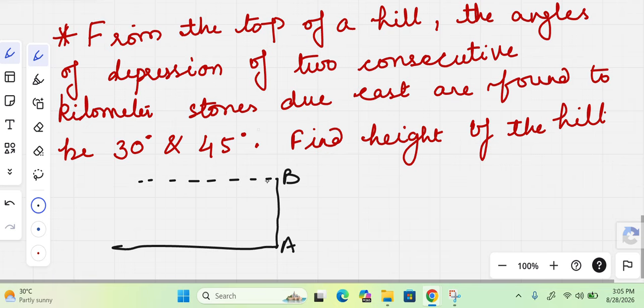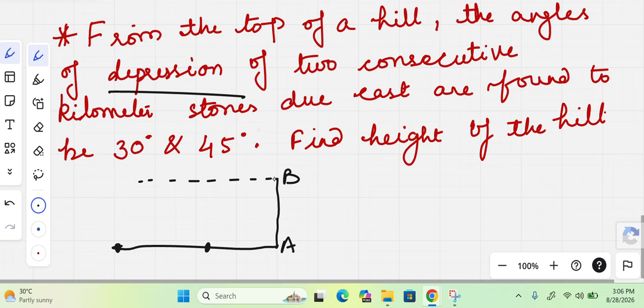This line is parallel. You are looking straight. The angle of depression means up to the bottom of two consecutive kilometer stones. Kilometer stone means this is for 1 kilometer, this is for 2 kilometer, consecutive, one after the other. Consecutive stones due east are found to be 30 and 45.